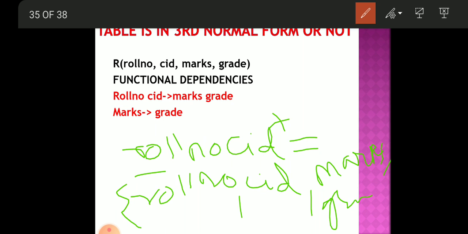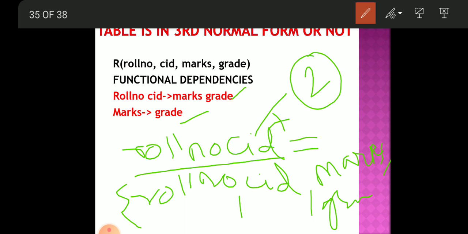So with roll number and CID we are getting all four attributes. Again, it is a super key, or you can say the second super key. Now you can check whether we can minimize it further. Checking the functional dependencies, we cannot minimize it further.